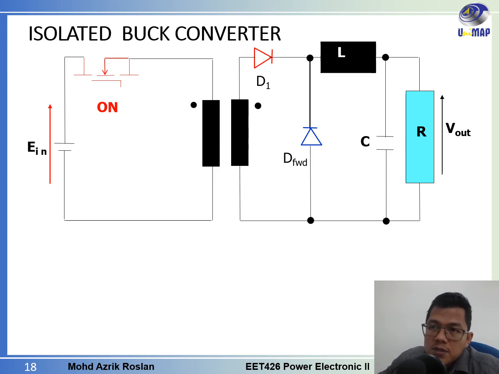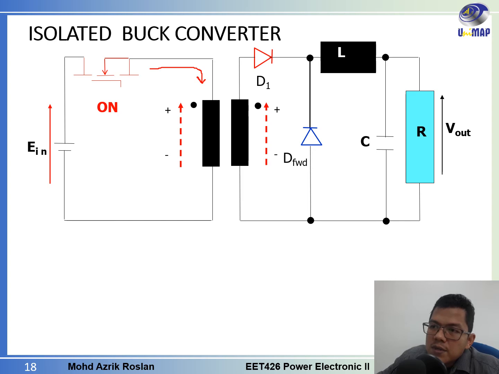So what is so significant about the dotted winding here? Let's say the current is flowing this way because the switch is on, we have the voltage here, and then the current will come from this way. As we know, when current enters this side, this one will be positive, and due to the dot convention, we know that this side, the one with the dot, will be positive.